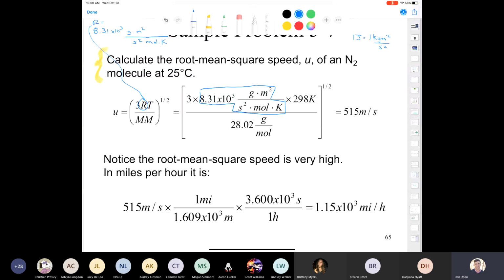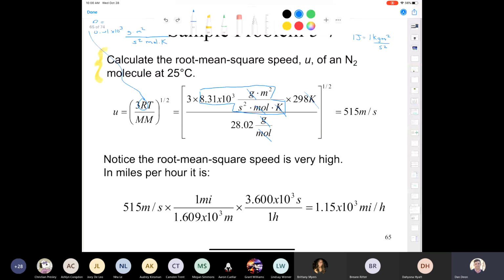Now we have to have our gas constant with grams instead of kilograms. When we do that, look what happens. We have our grams canceling, we have our moles canceling, we have our temperature units cancel, and we're taking the square root of meters squared per second squared, which gives us meters per second.